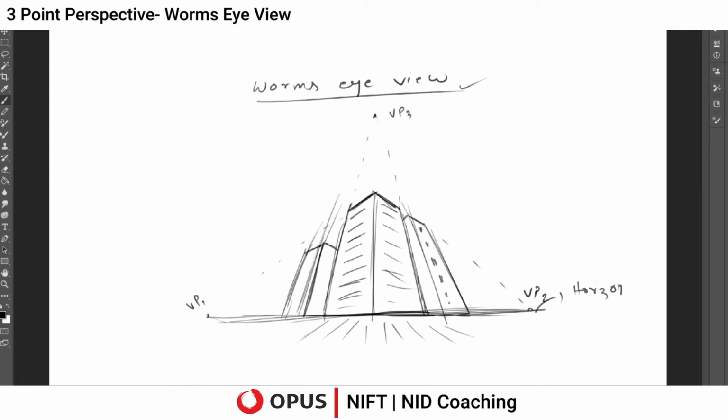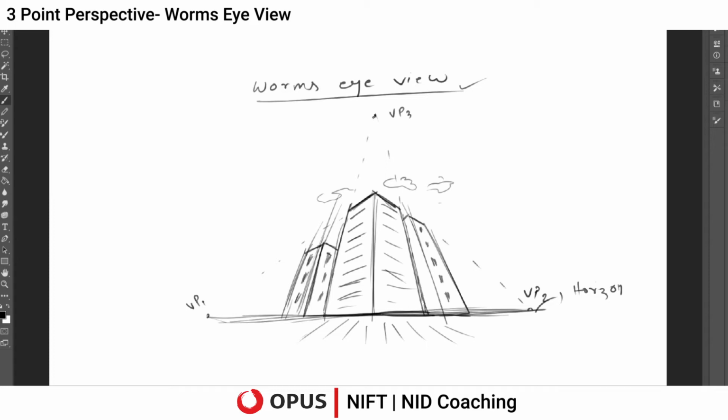So this is how 3-point perspective works, and right from here itself we can understand. So suppose if you add certain clouds and other things, it gives the impression that you are observing this cityscape or whatever from a very dynamic bottom angle.